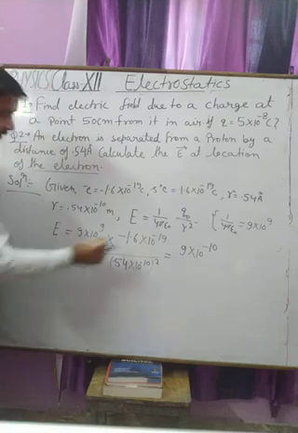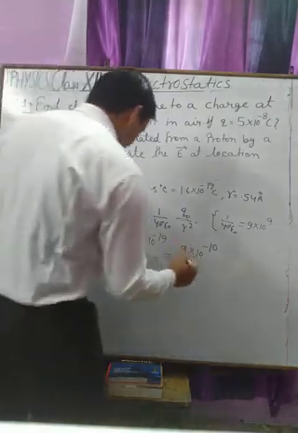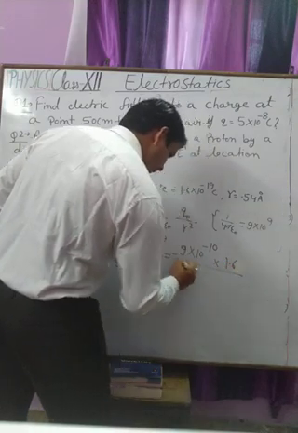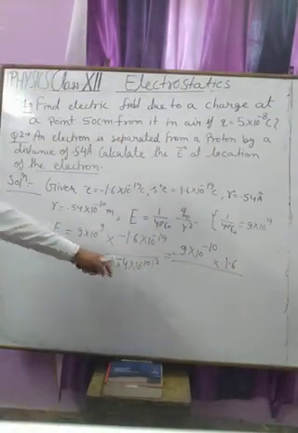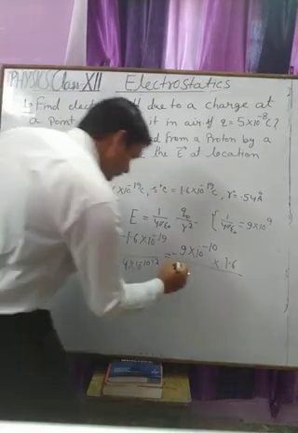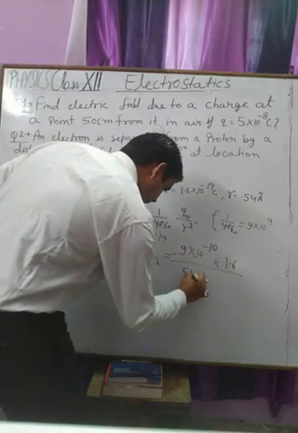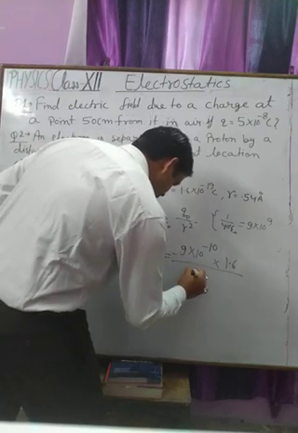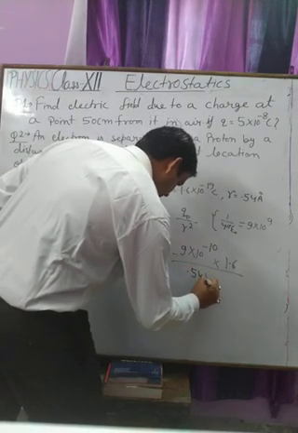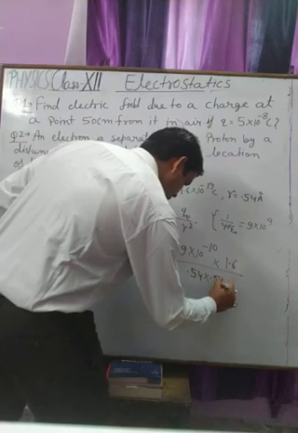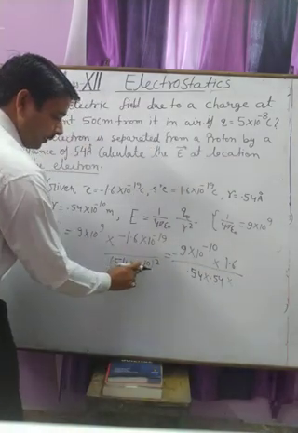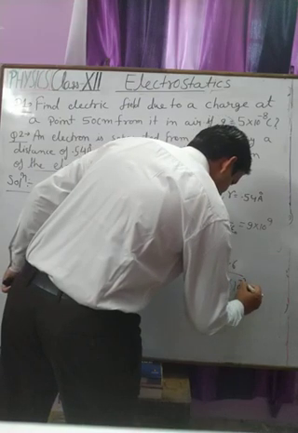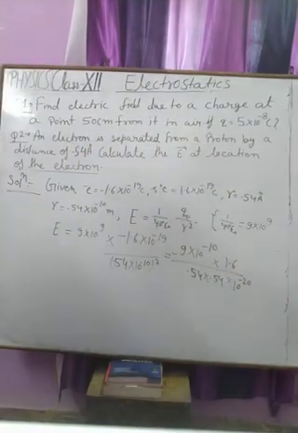So we are using here the same value, and into 1.6 upon 0.54 into 0.54 into 10 to the power 2 into 10, that is 10 to the power minus 20.